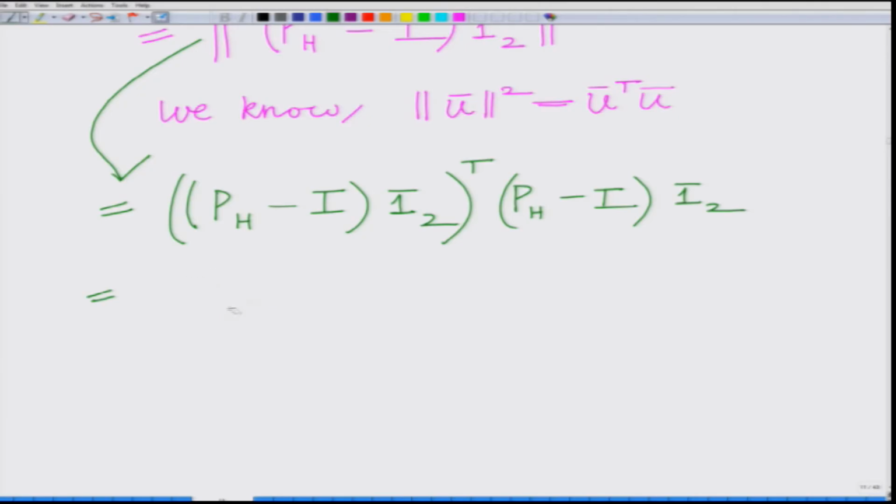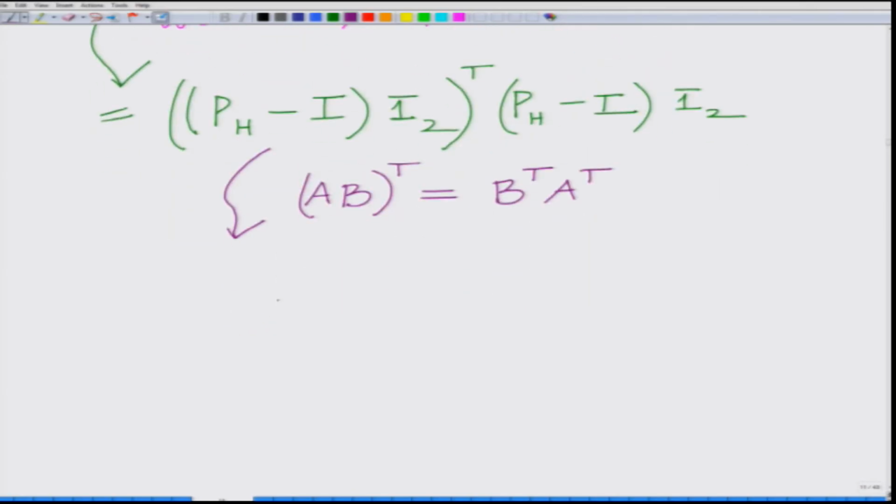Now, we can use another property here: if I have two matrices A, B, the transpose of the product AB transpose is B transpose A transpose. So, I can use this property to simplify this as follows.